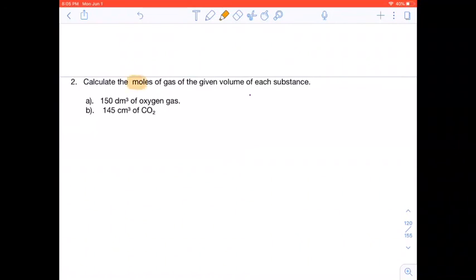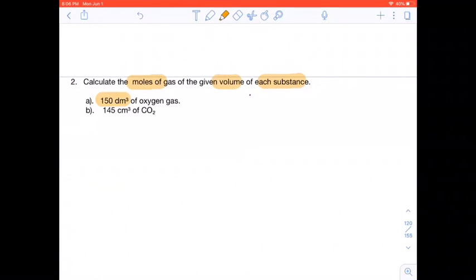Now, let's look at the next one. We need to calculate the moles of gas for the given volumes, for each substance. So A is 150 dm³ of oxygen, right? How many moles does this gas have at STP?